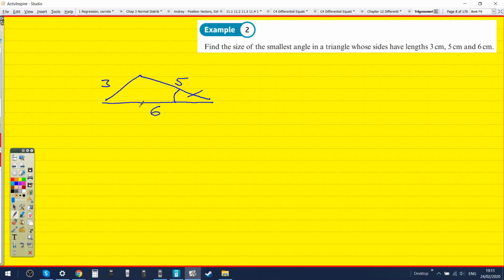So I'll just do cos A. And do you know that formula? Yes, yeah.